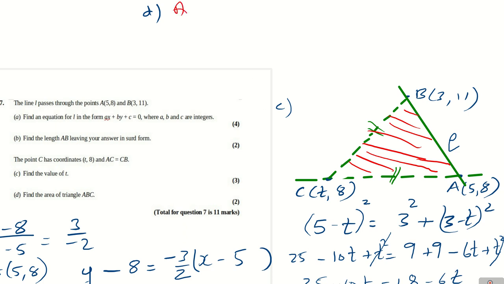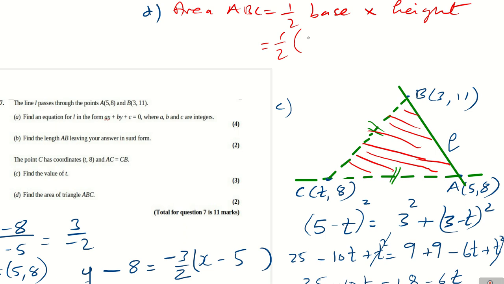So the area of ABC is just going to be a half of the base times the perpendicular height. Now the base is just going to be from t to 5. Well, t we've just worked out is 7 over 4, so the length is going to be 5 minus 7 over 4.